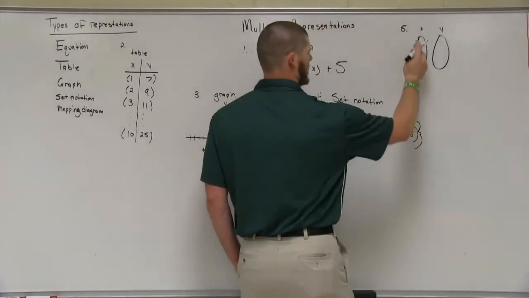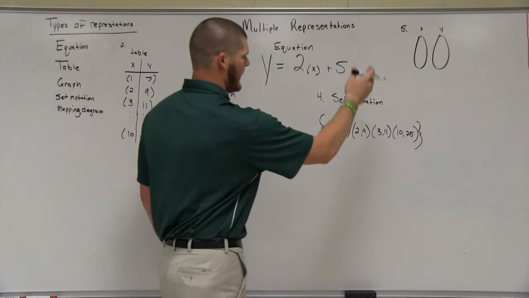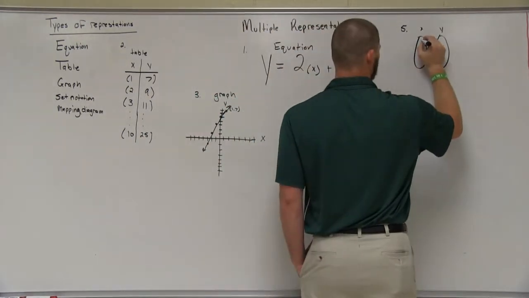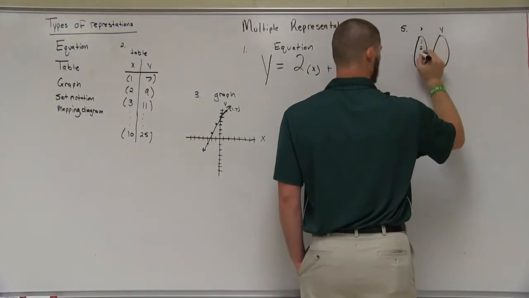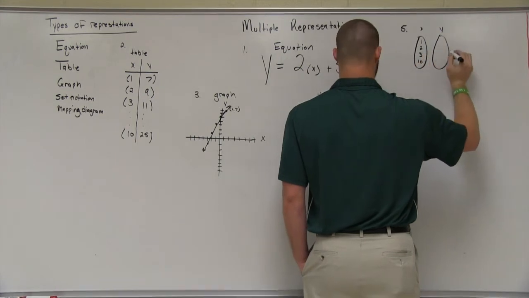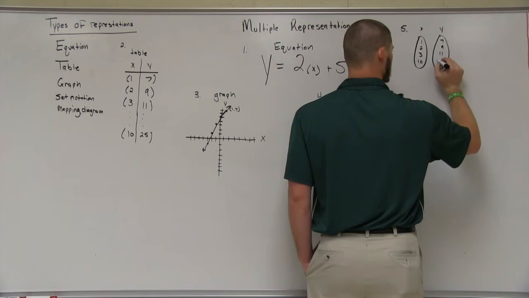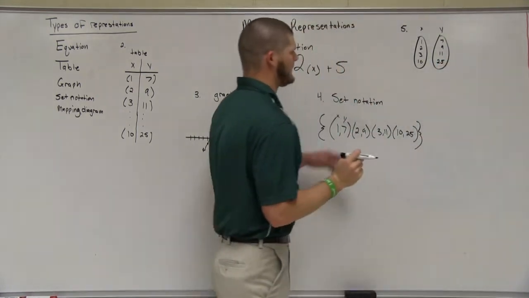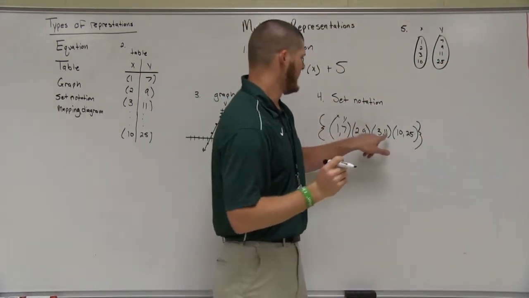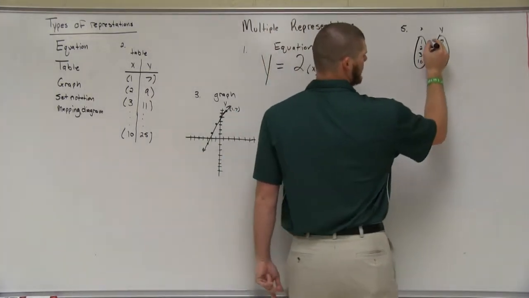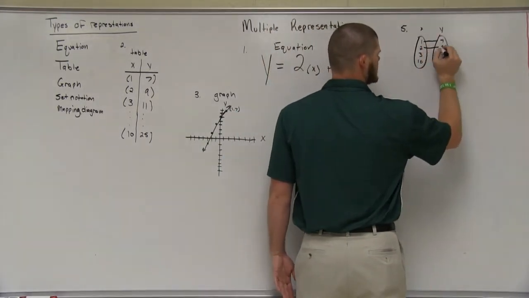We have two bubbles, and our x values go in one and my y values go in the other. So, using the same equation, my x values are 1, 2, 3, 10, and my y values are 7, 9, 11, 25, and between them we match up our pairs using lines.